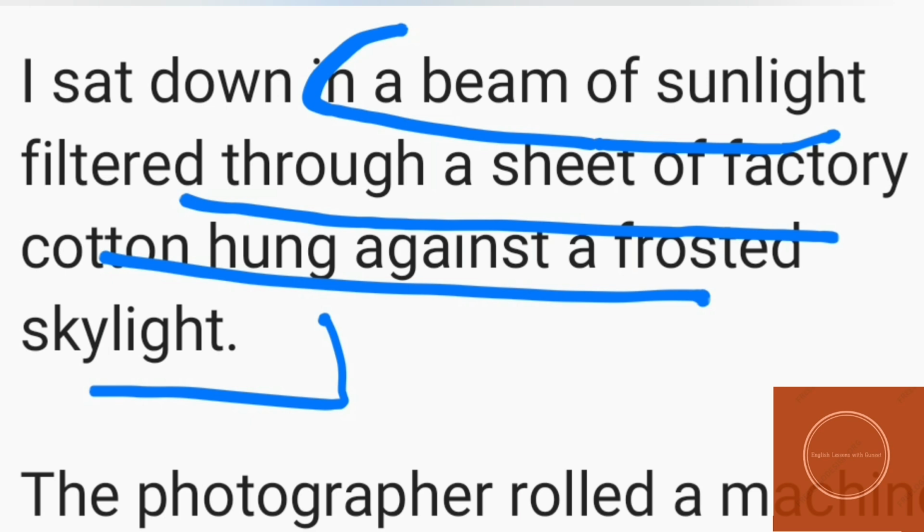That is why a sheet of factory cotton was hung against a frosted skylight. From the frosted skylight the light was coming, and a sheet of factory cotton was hung against it, so that the appropriate amount of light can be achieved. That much they need to take the photograph.